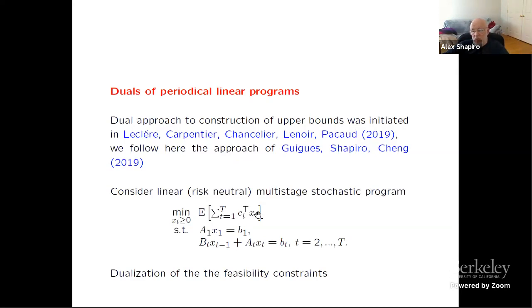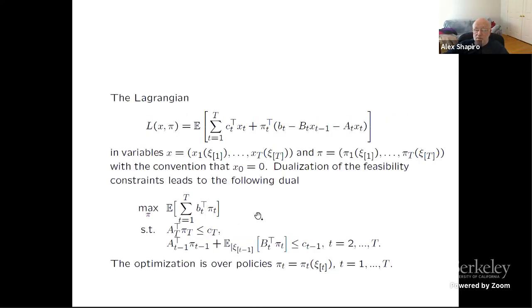Now, what is interesting, and it was actually known for quite a long time but not applied, is that it's possible to look at the dual problem. Remember, it's a huge linear problem.